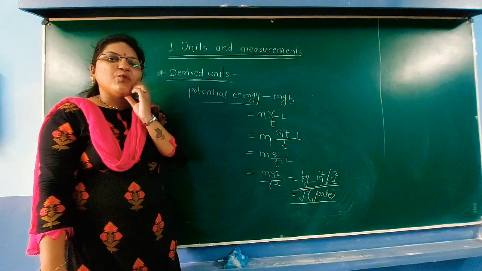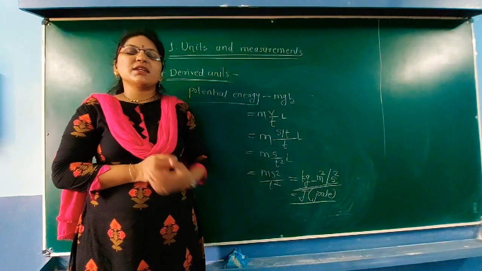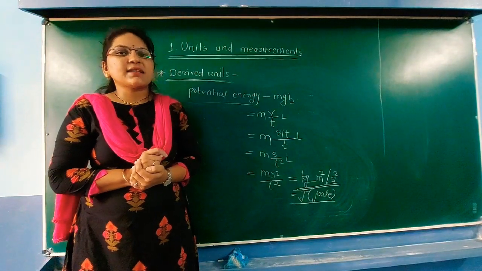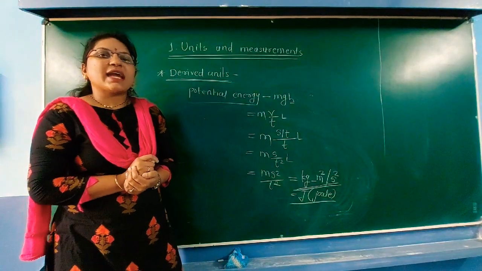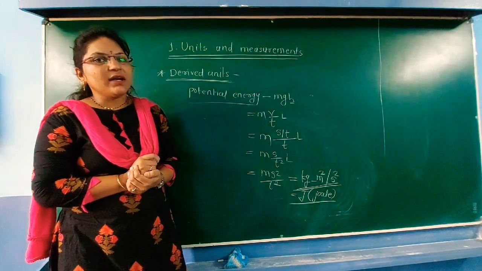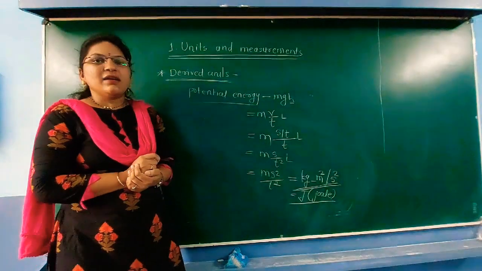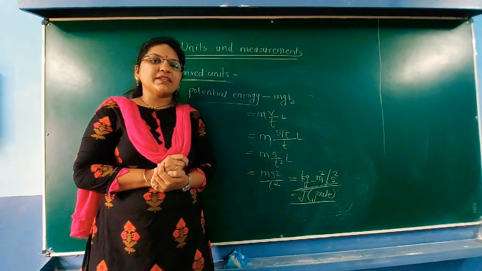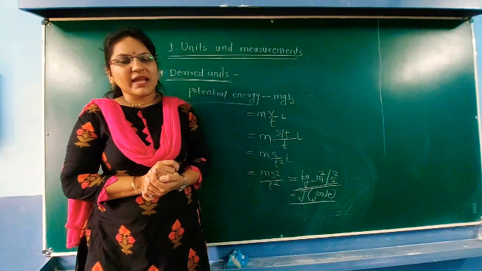Here note that work, kinetic energy, potential energy, these three quantities have the same SI unit, which is the joule, and joule means kg into meter square per second square. Today we have studied the two supplementary quantities and two supplementary units, which were plane angle and solid angle.